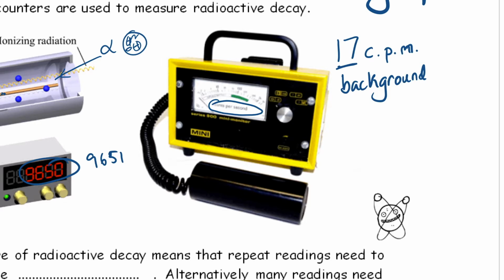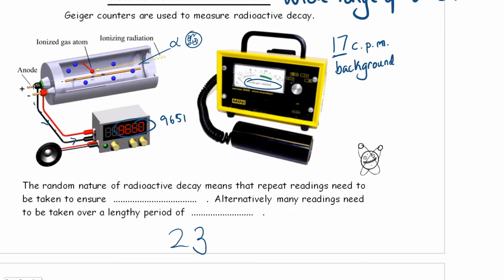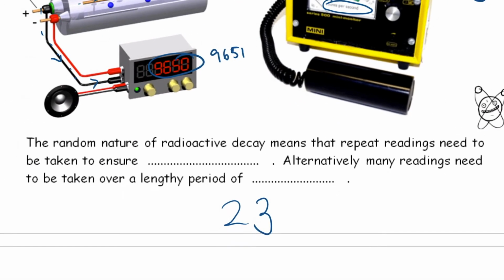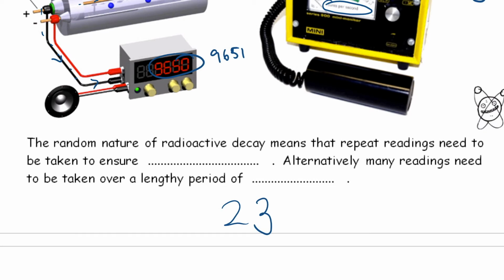Now, what I'd like you to do next is to fill in the blanks in the paragraph underneath. And the point being made here is that because of the random nature of radioactive decay, it means that repeat readings need to be taken.